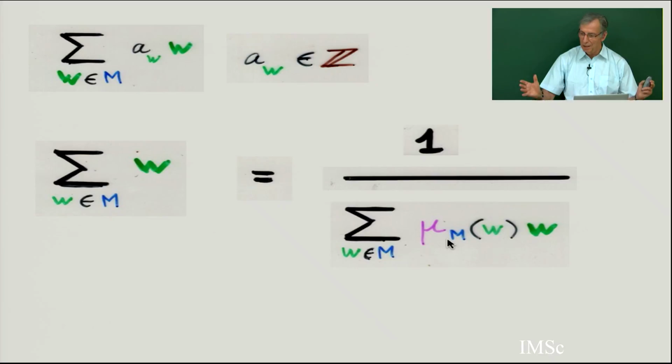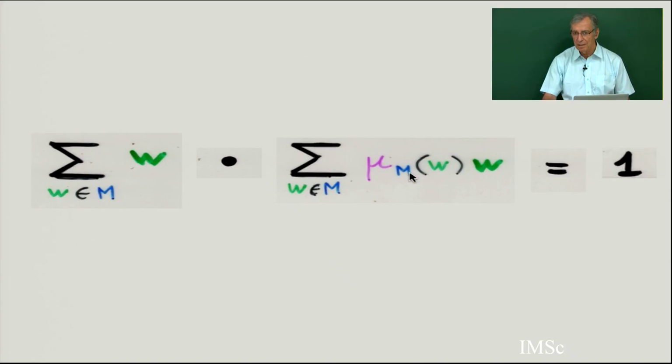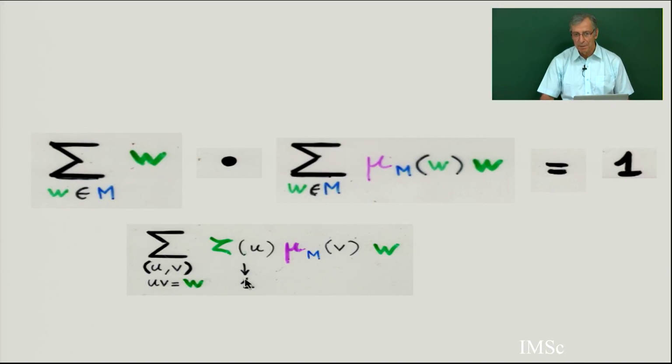So this is a general inversion theorem: the Möbius function in a monoid is equivalent to taking the inverse of the formal sum of all the elements of the monoid. Why? Because you can rewrite this like this. The formal sum of all the elements multiplied by this formal sum is 1. It's because this can be translated into the product.